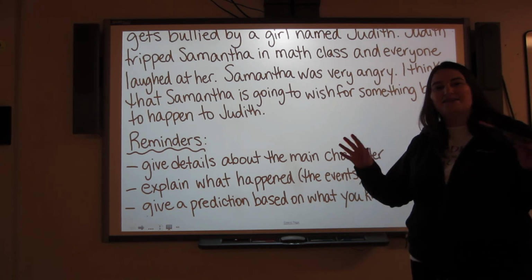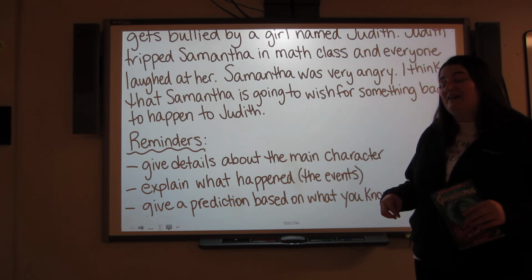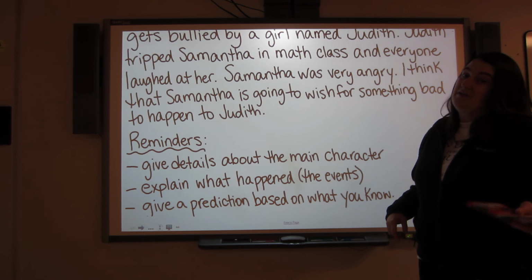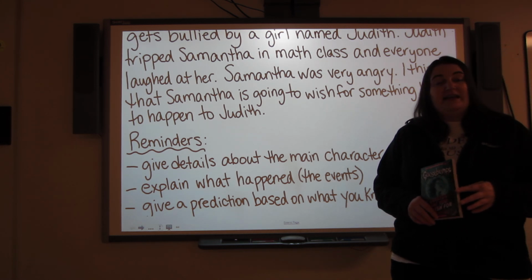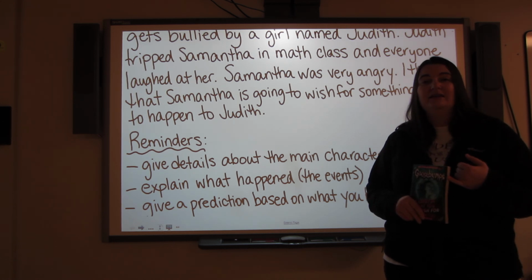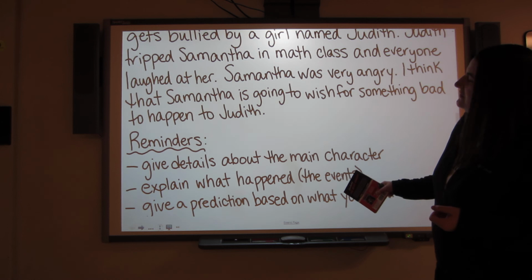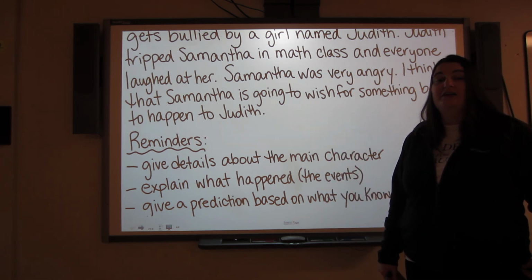Don't just make something up randomly. Please put some thought into this, because that's how I'm going to be marking this. So, like I say, every day after math, I expect you to read for 20 minutes, and then I expect you to write a personal reading journal in your language notebook about the part that you read that day.